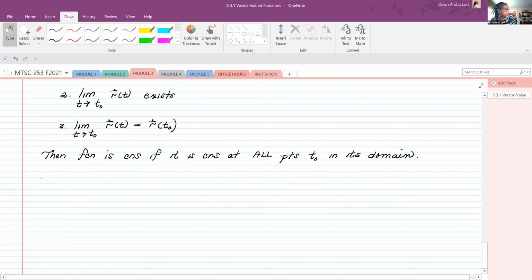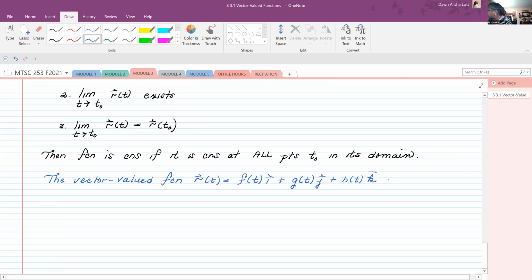Okay? And then most importantly, the vector valued function r of t equal to f of t i plus g of t j plus h of t k is continuous if and only if f of t, g of t, and h of t are continuous at t naught.